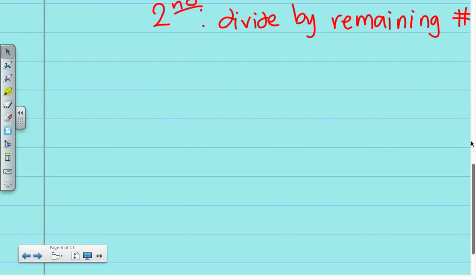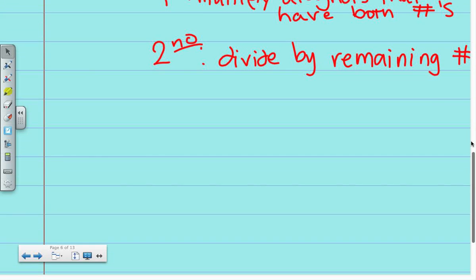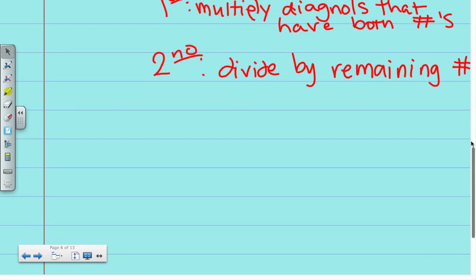Okay, if you're still writing, the first thing we do is multiply the diagonals that have both the numbers, and lastly, divide by the remaining number.